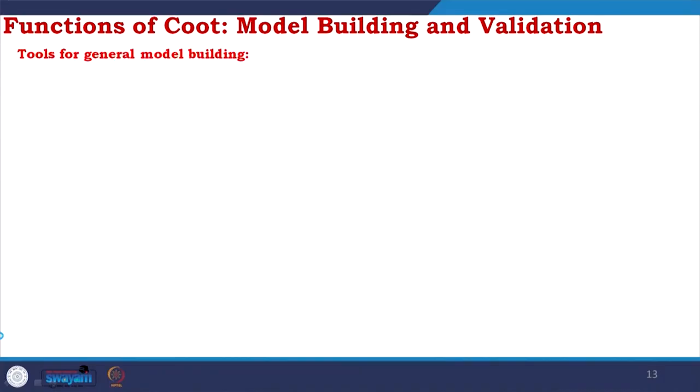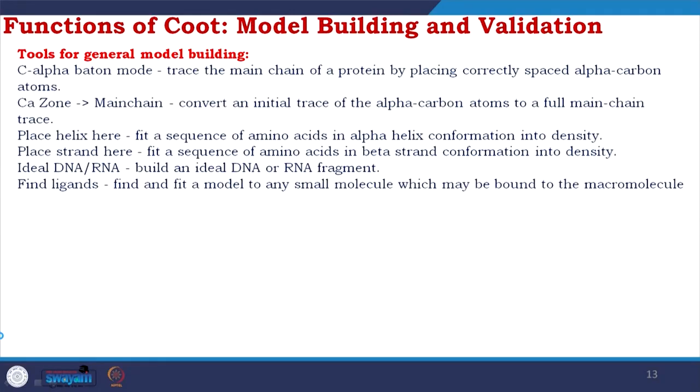The part model building is majorly again divided into three parts: tools for general model building, where C alpha baton mode, C alpha zone, and all these, how the helix are fit, how the strand are there, ideal DNA, RNA, finding ligands, all those generalized programs are there.